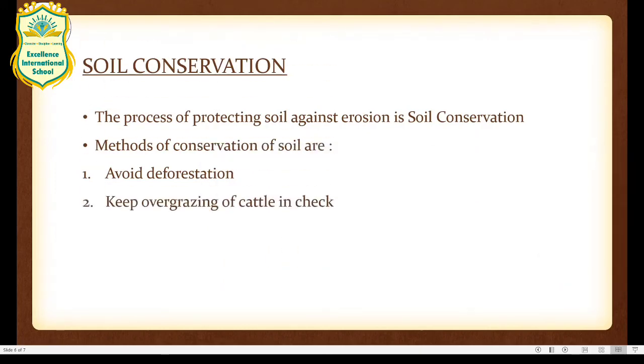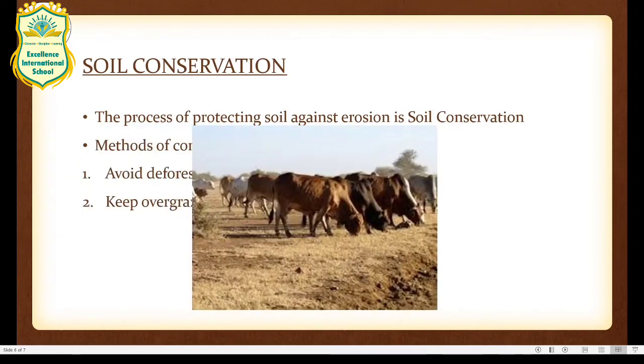Keep overgrazing of cattle in check. What happens is when the farmers or anyone that has cattle leaves their cattle for grazing, the cows usually overgraze. Did you know that cows actually don't chew or bite their food when they take it in?